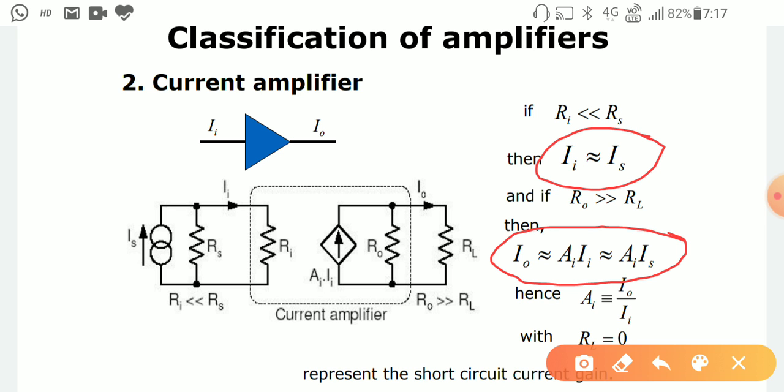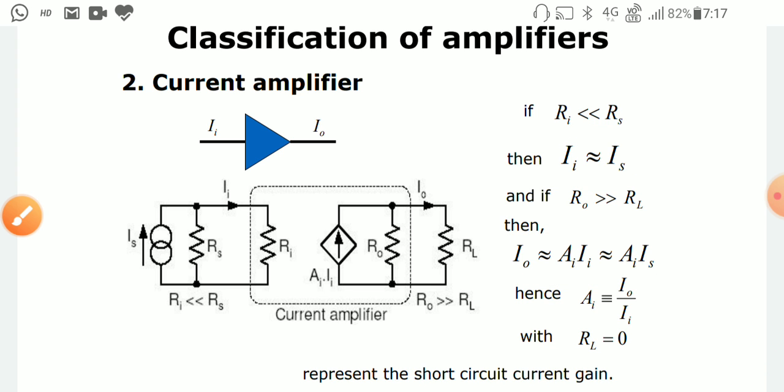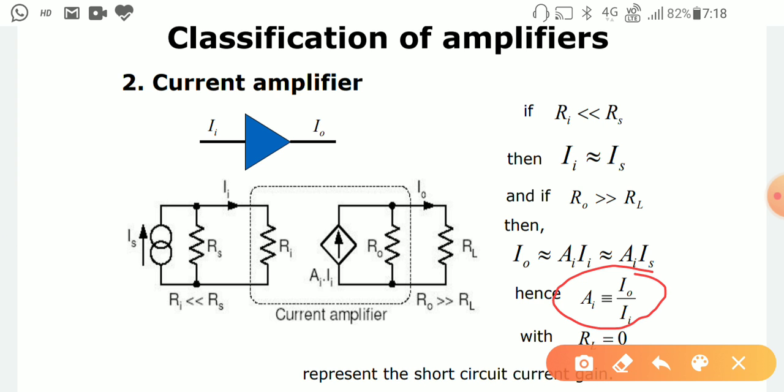If you take the ratio between them, I0 by Ii, this will define the current amplifier, and obviously RL will be considered equal to 0, or it will work as a short circuit. So here is the representation of the short circuit current gain, and this is defined as AI equal to I0 by Ii.